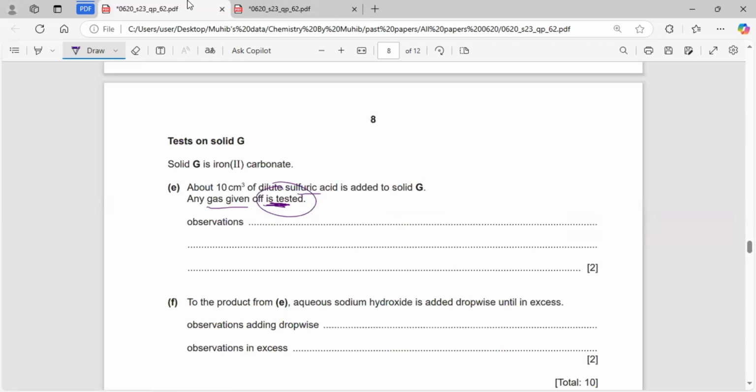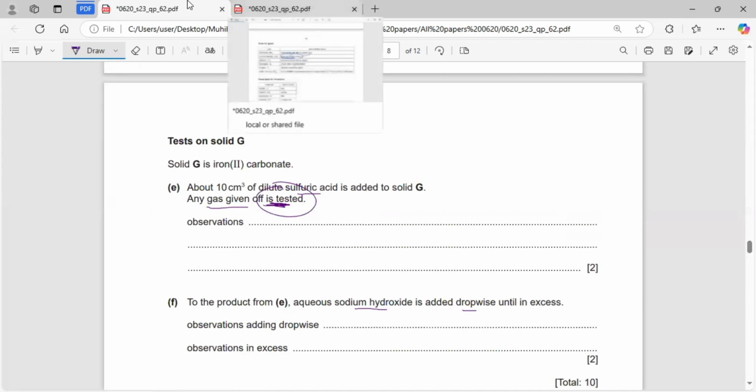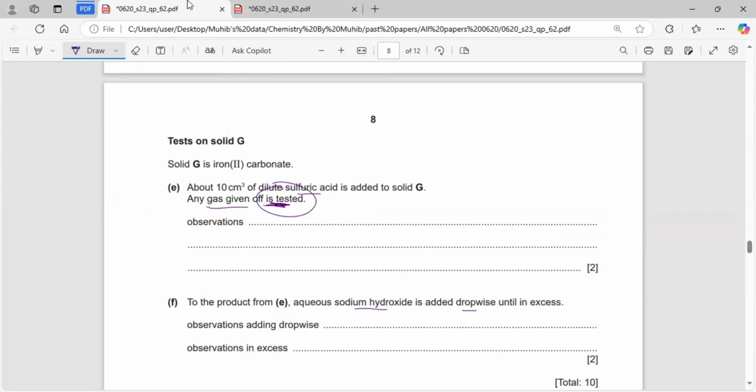Is it clear? Yes, sir. Similarly, the product of E: aqueous sodium hydroxide is added dropwise until it is in excess. Now look at here. We are going to add sodium hydroxide to this iron carbonate.